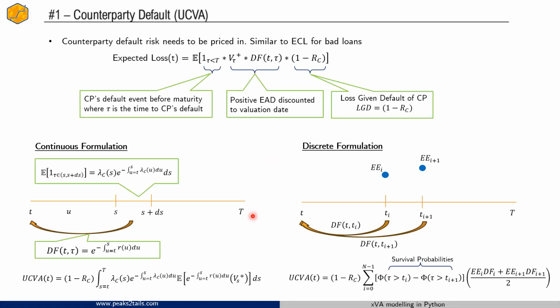Question from Anurag. Can you please explain survival probability again? Probability of default in an interval is the difference between survival probabilities at the two extremes. That's standard. If you understand the relationship between survival probability, cumulative probability, marginal default probability, and conditional default probability, all four you need to be very clear.